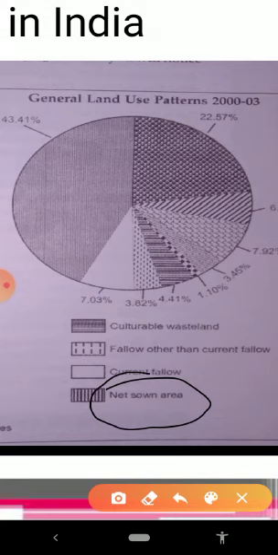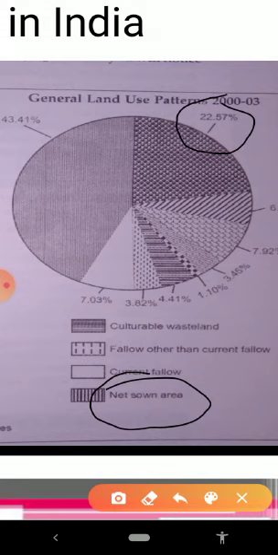According to National Forest Policy 1952, 33% of the area of a country should be under forest cover. So it is only 22.57% in our country.